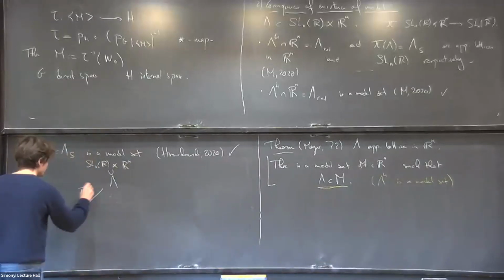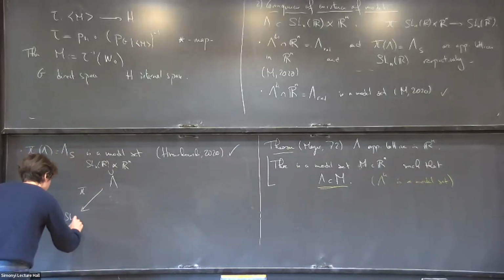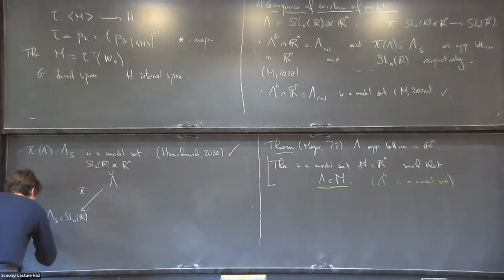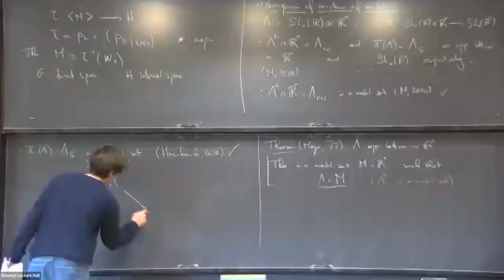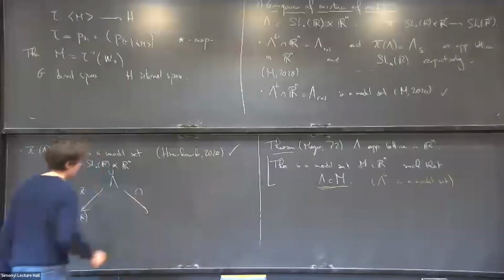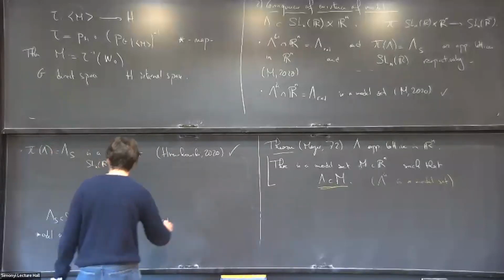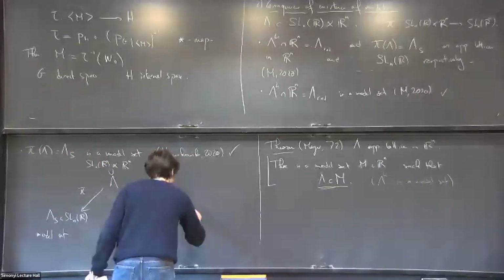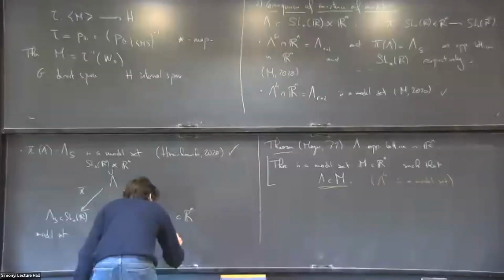Through the projection, we obtain lambda S, which is in SLnR, which is a model set. And through intersection, what we've obtained is lambda rad, which is in R to the n, which is also a model set.